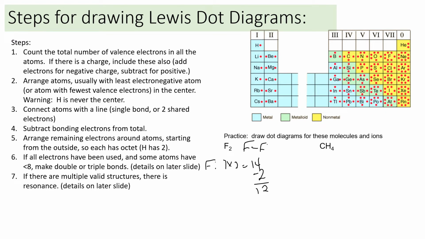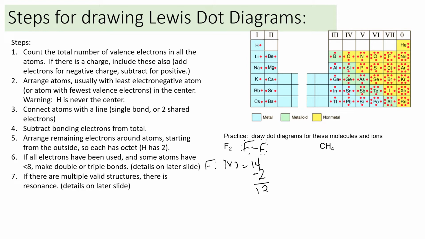And now we'll arrange the remaining electrons around the atom, starting from the outside and giving each element an octet, okay? So right now each fluorine has 2 electrons, but what it wants is 8. 8 is the number that they all want to get. So I'm going to draw 6 dots around this fluorine, and then 6 dots around this fluorine.